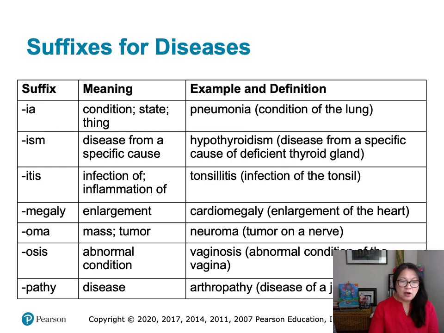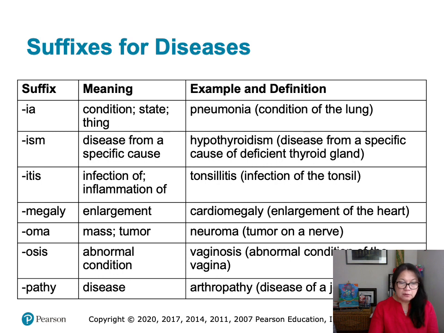The suffix -oma means mass or tumor. There are many kinds of benign and malignant or cancerous tumors, and their medical words often end with this suffix. A neuroma, for example, is a tumor on the nerve. The suffix -osis means abnormal condition or process.